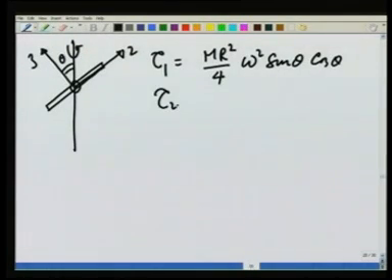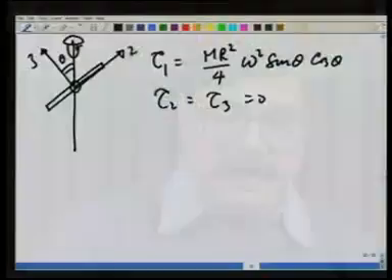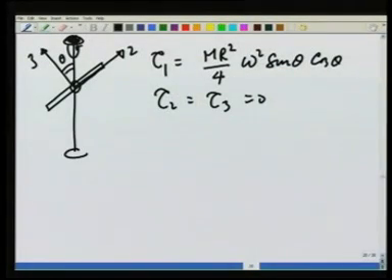Tau 2 and tau 3 are 0. So the torque direction is this, coming out of the plane of the paper. So if I have bearings here holding this, the force is going to be this way and this way.